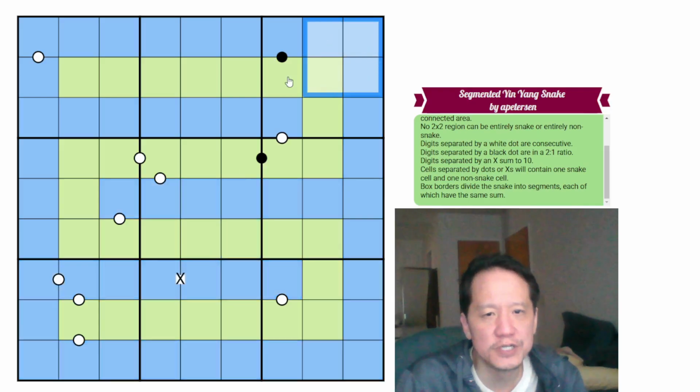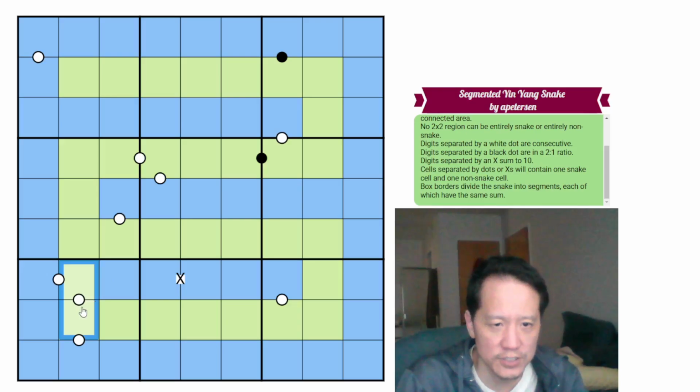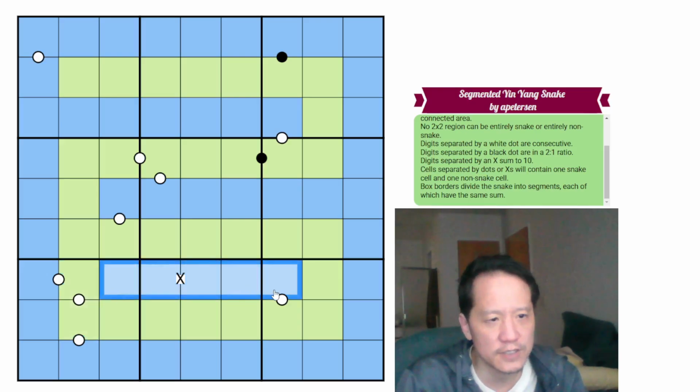That's a 2x2 region. And so if the snake were to go here, it couldn't.